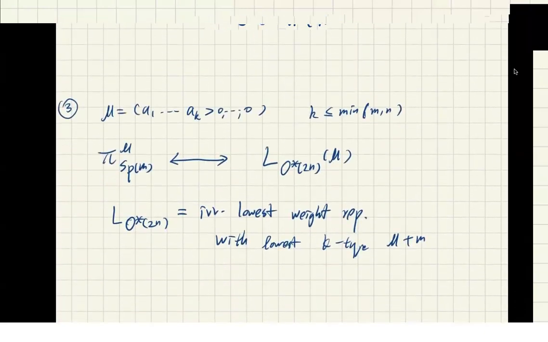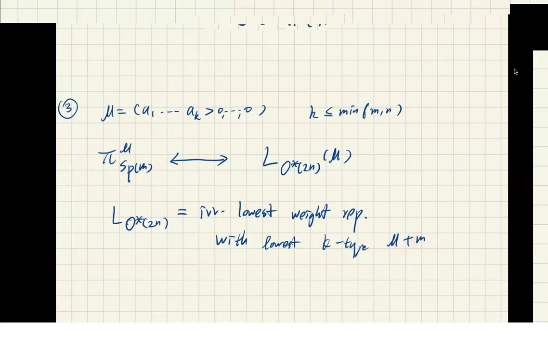Okay, and the third case is when your a is a chain of integers like a1 to ak, and k is less than or equal to the largest number less than m and n, then the irreducible representation of Sp(2m) in 1 corresponds to the irreducible lowest weight module with lowest K-type mu plus m.